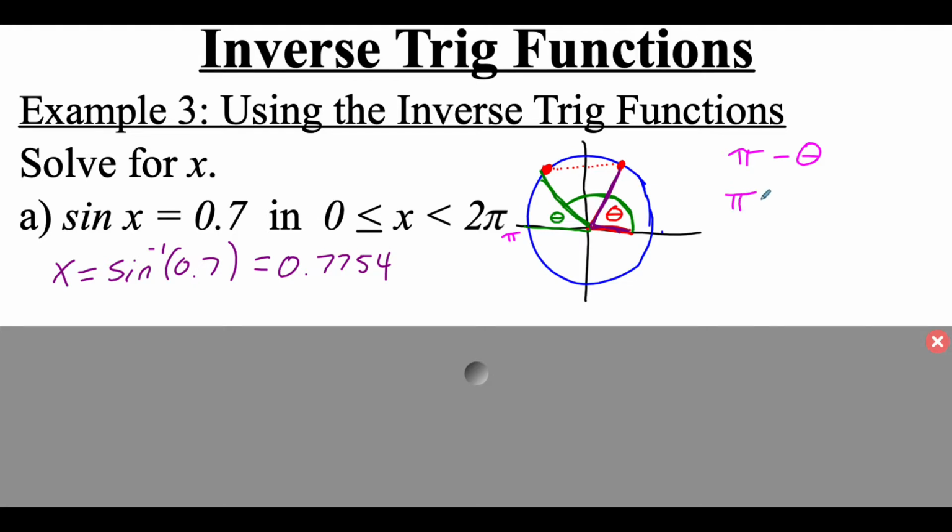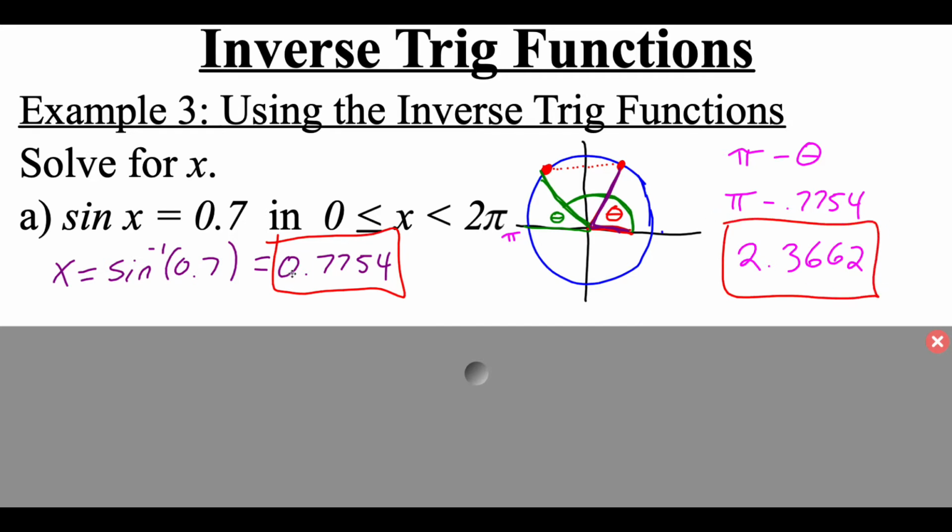So if I take pi and subtract 0.7754, I'm going to get an answer of 2.3662 if I round off to 4 decimal places. So these are going to be my two answers on that interval from 0 to 2 pi. Our first one was 0.7754, and my second one, when I did pi minus that answer, was 2.3662.